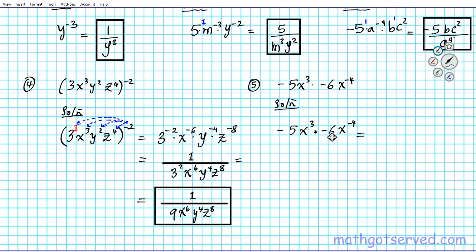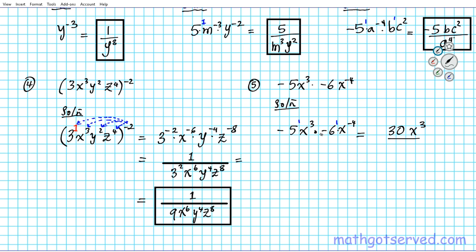Now, negative 5 and 6 both have powers of 1, the invisible power, so we can multiply those two numbers together. Negative 5 times negative 6 is positive 30. Positive 30x to the third. Now, this x to the negative fourth has a negative power, so how do we rectify the negativity of the exponent?